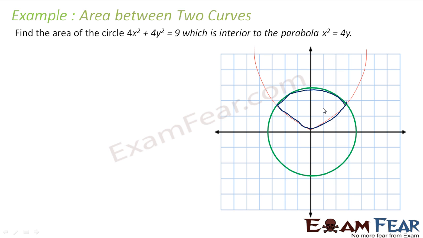So the area of this is nothing but twice the area of this, because these two areas are symmetrical. Let me put the values here. Let's suppose this is O, this is P, Q, R. This point will have A, this point B, this point C, and this point D. The area of ORCQDO and the area of ORBPA are the same.